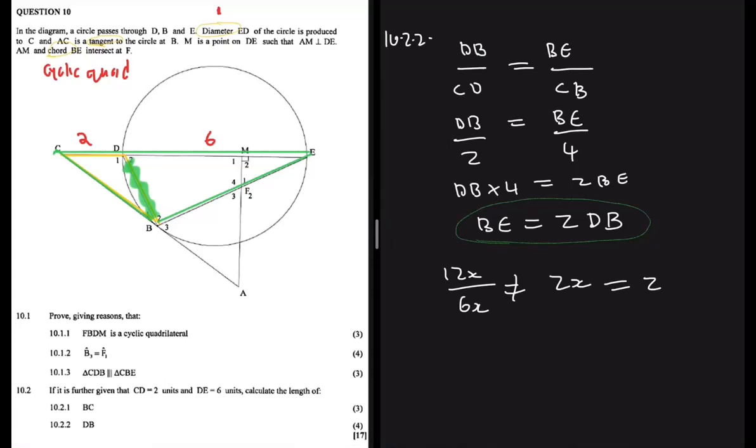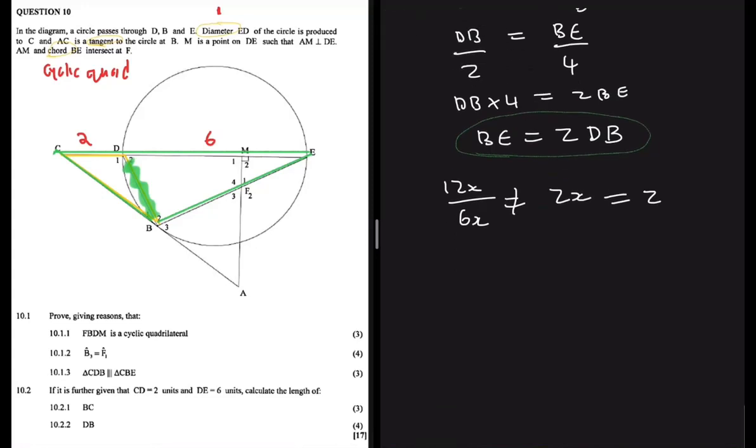So we want to find a method with which we can either add or subtract, because if you have 12x and you subtract 6x, you're going to have 6x, right? So you will still have that length there. So we want to find a way in which we can add or subtract to find the length of BE and DB consequently.